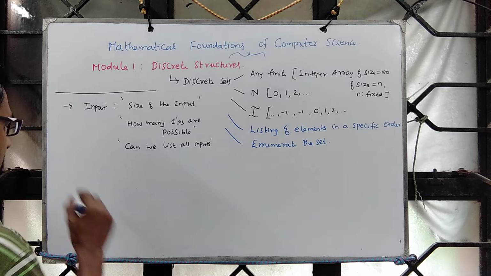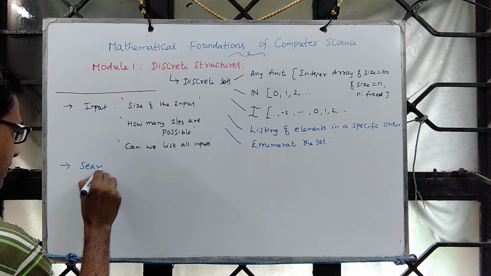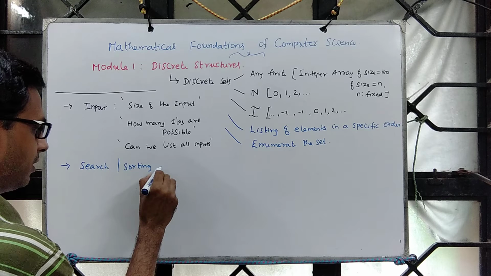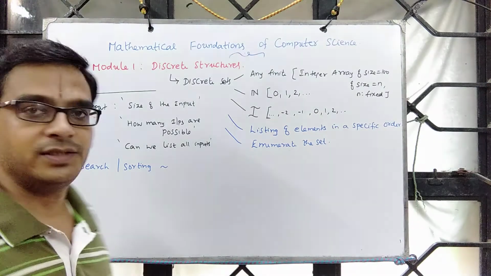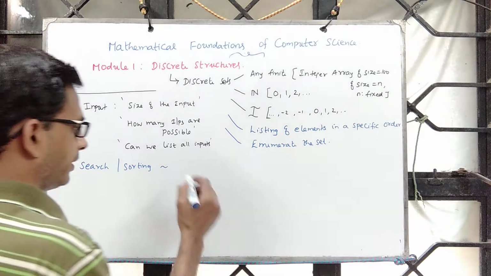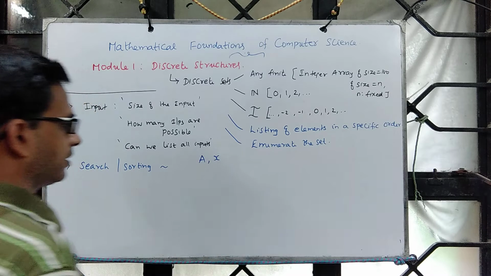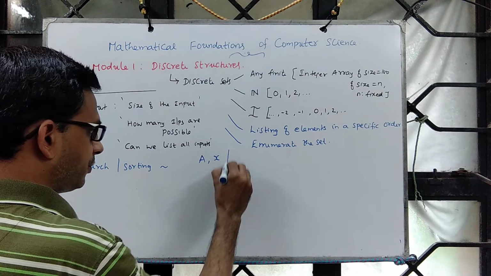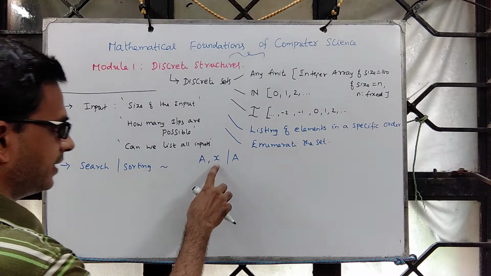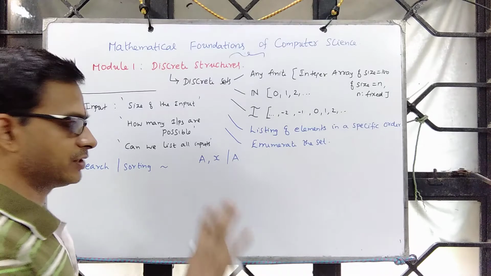For example, let's focus on the problem search or say sorting. You must have seen this in various contexts, right? If it is a search problem, input is a comma x, and if it is a sorting problem, input is a. In case of search, you ask is x belongs to a. In case of sorting, we say sort a.